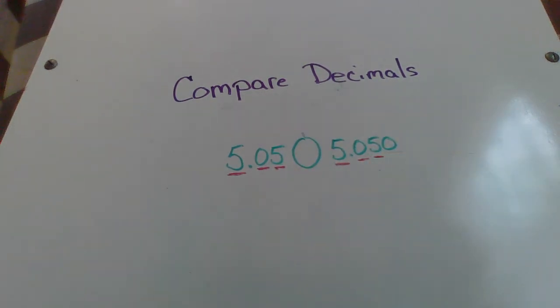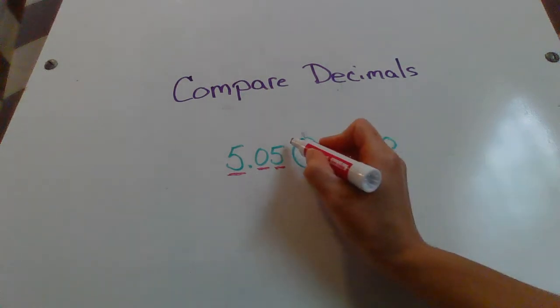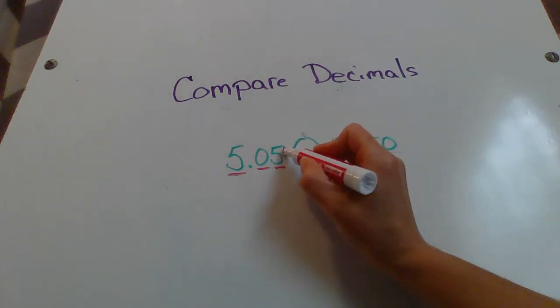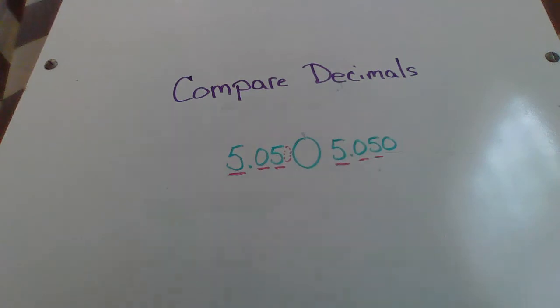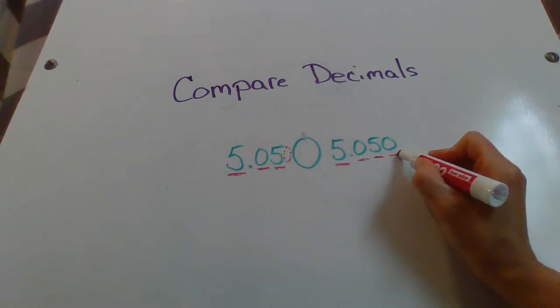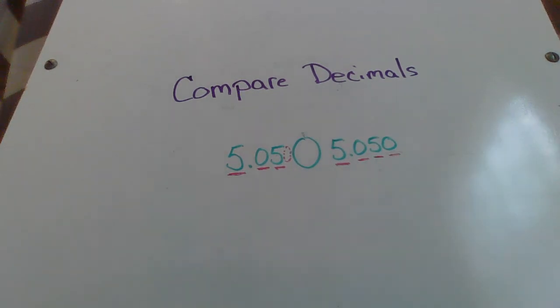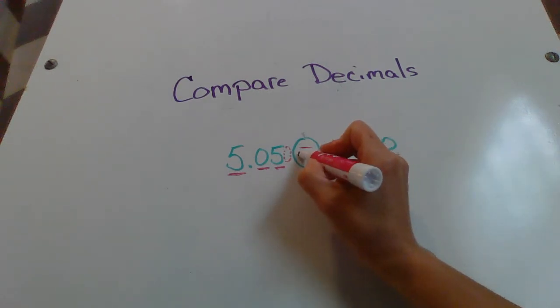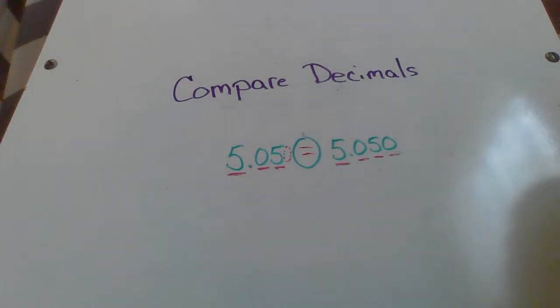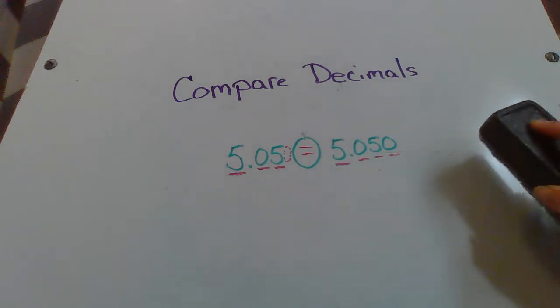They're the same. So now I'm going to look at the thousandths place. This one has nothing there. So I could add on a 0. This one already has a 0. So to be honest, neither one of them is greater than the other because they are equal. So you could do it by rewriting them or looking place by place. So for number 4, 5 and 500 thousandths is the same exact thing as having 5 and 50 thousandths.